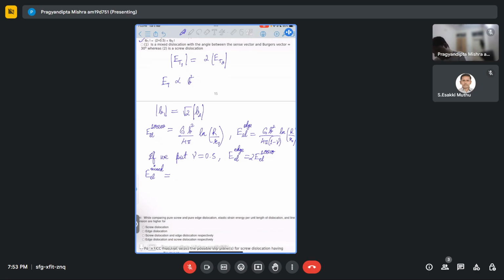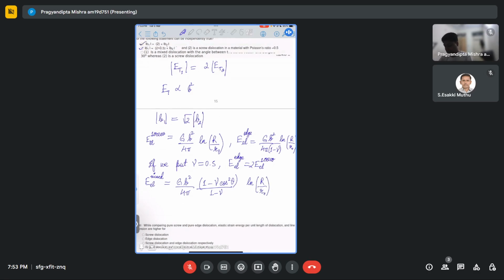So for mixed dislocation, it will be G b square by 4 pi times 1 minus nu cos square theta, divided by 1 minus nu, ln of R by R naught.